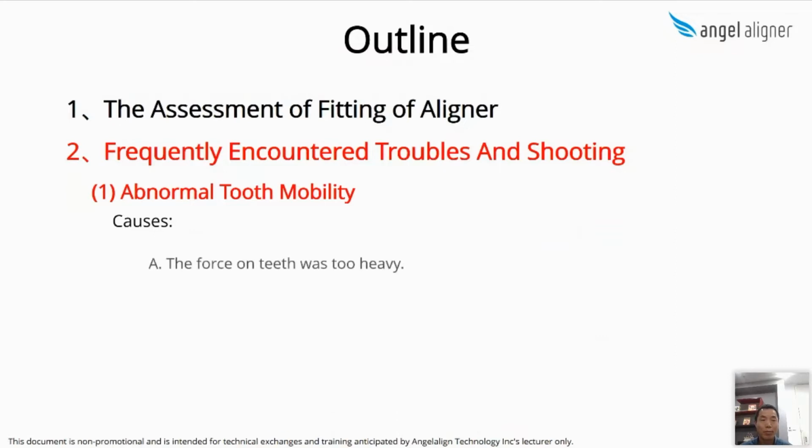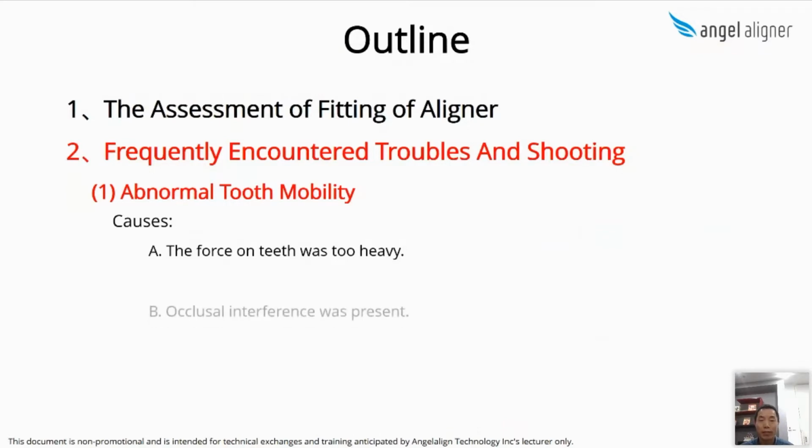The first one is the force on the tooth or on the teeth was too heavy. And the second, the occlusal interference was present. Let's see one by one. Let's see the first one. The force on the teeth was too heavy.